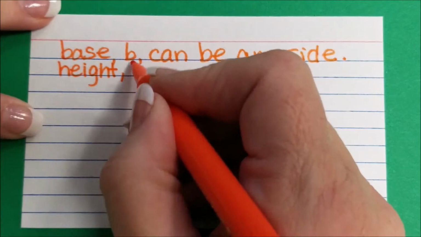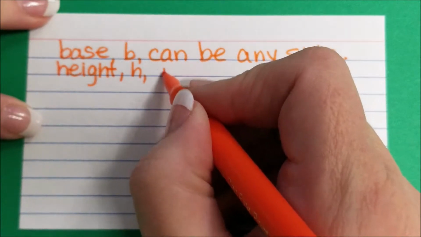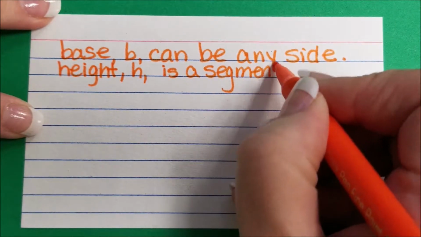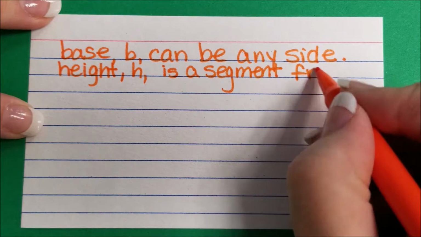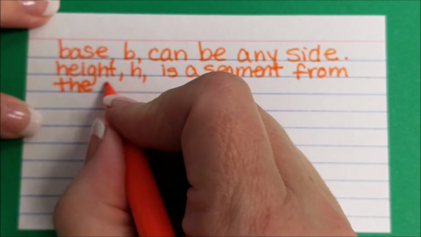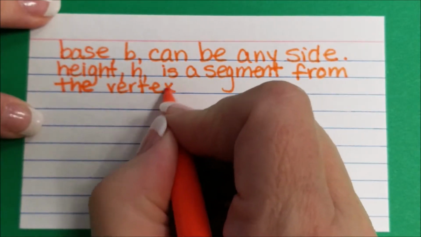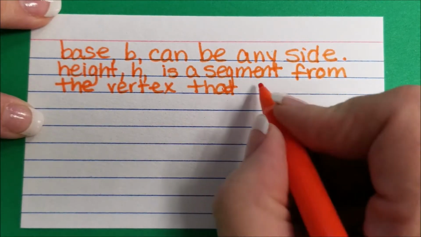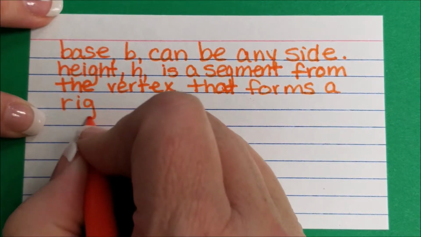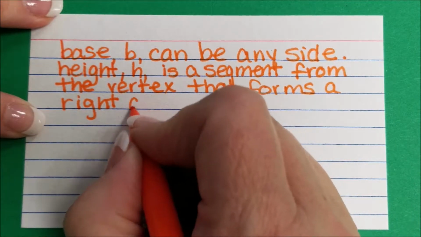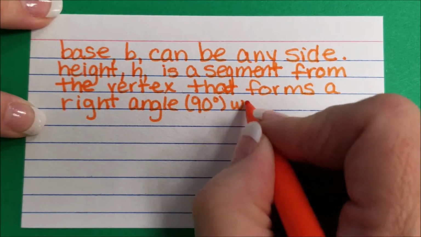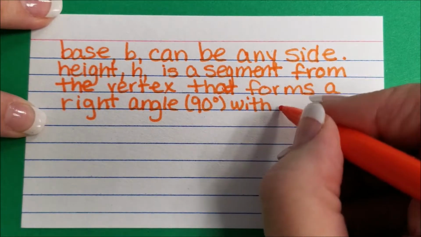This height, h, is a segment from the vertex that forms a right angle, right, 90 degrees, with the line containing the base.